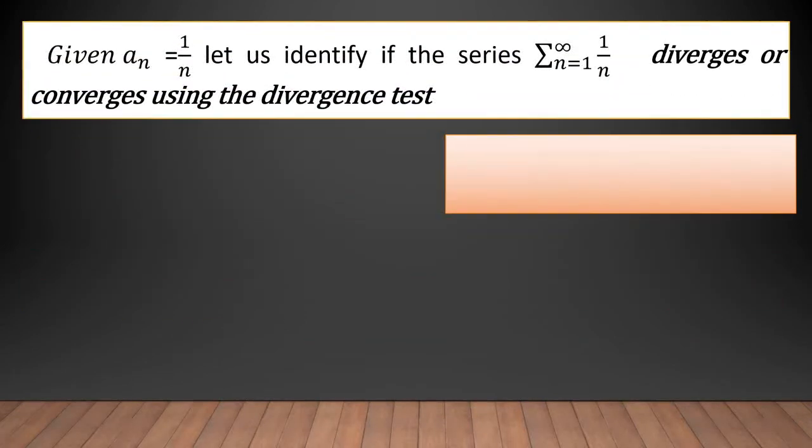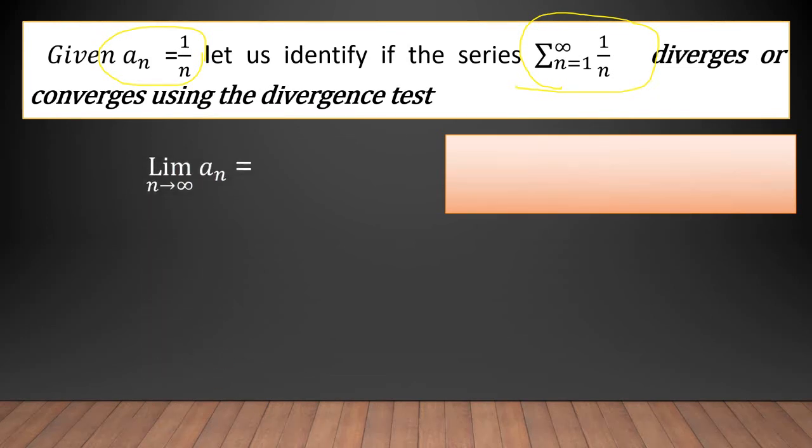Another example, given the sequence formula 1 over n, let us identify if the series, the summation of 1 over n as n starts at 1 up to positive infinity, will diverge or converge using the divergence test.